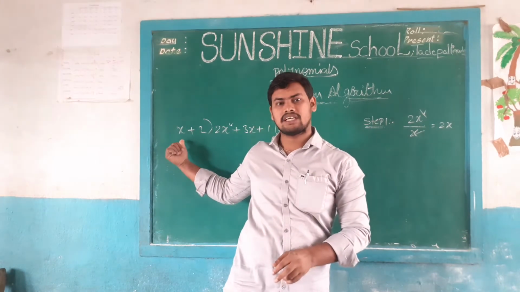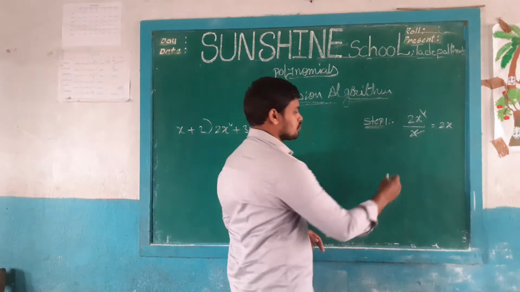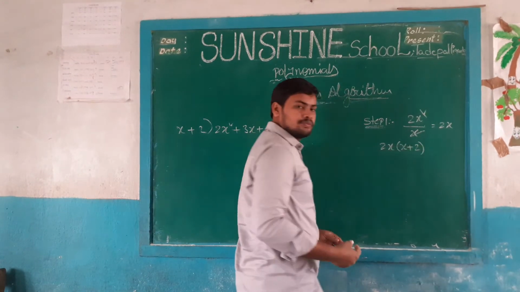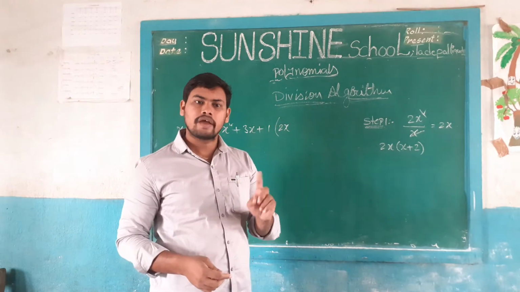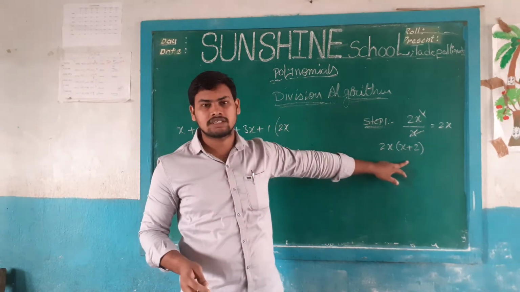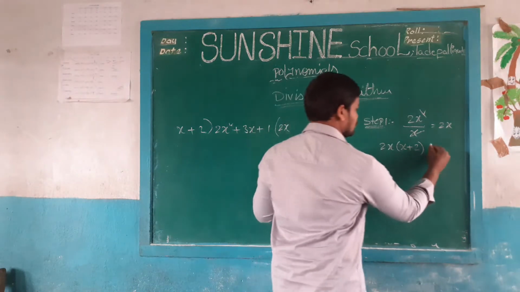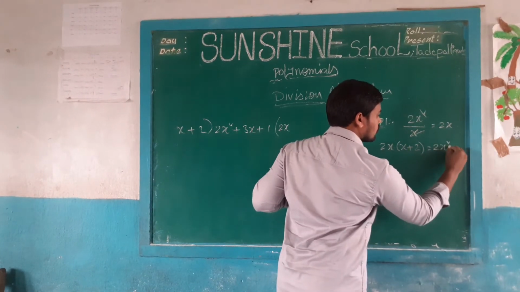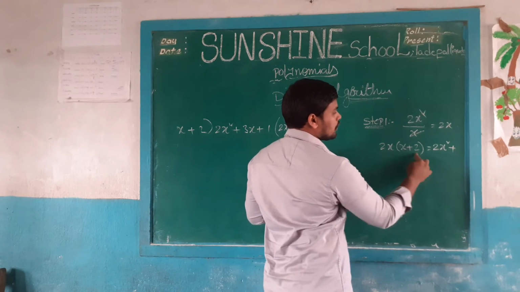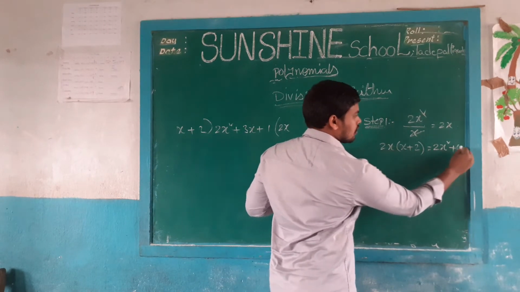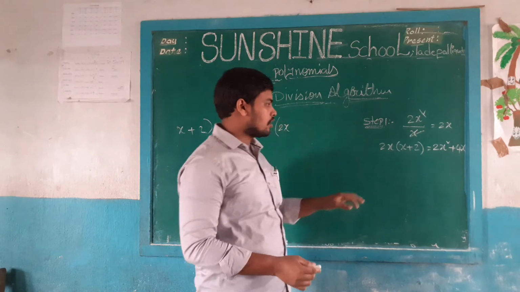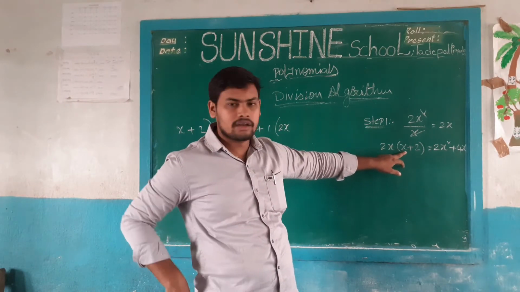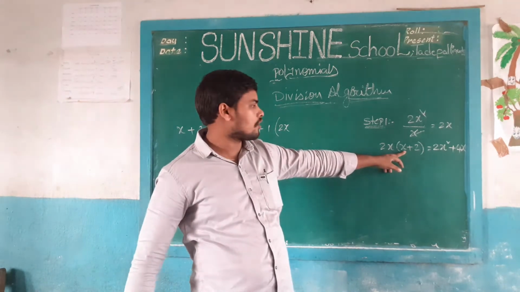What is the g of x here? x plus 2. So 2x into x plus 2. 2x into x is 2x square. 2x into 2 is 4x.